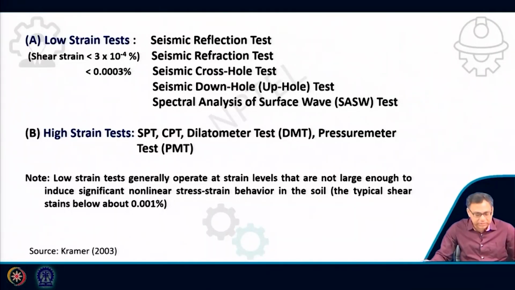And what are the high strain tests? These are SPT, the standard penetration test, CPT, the cone penetration test, the dilatometer test, and the pressure meter test. All these tests I will discuss one by one.